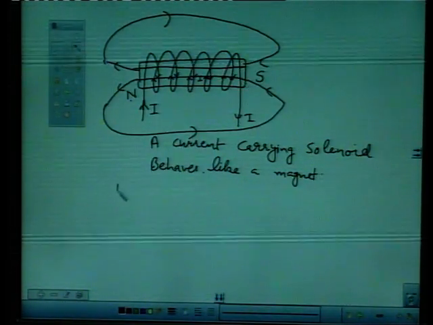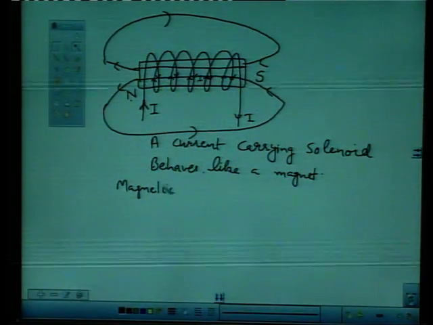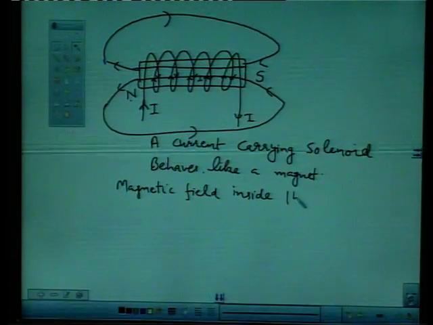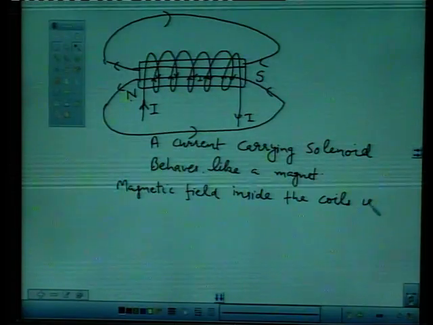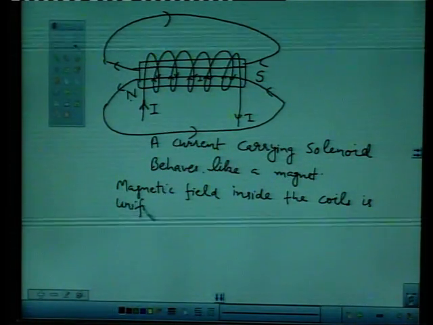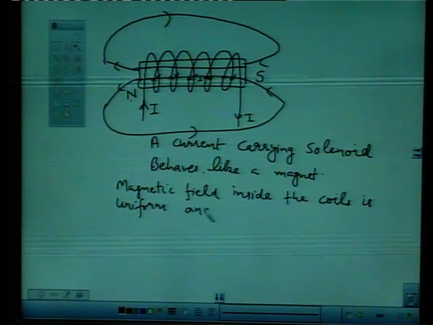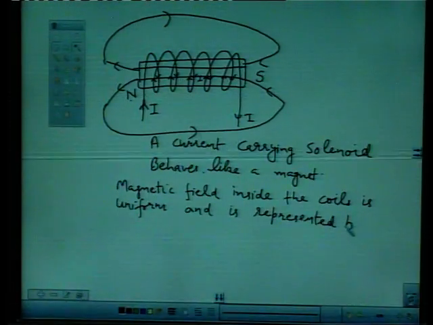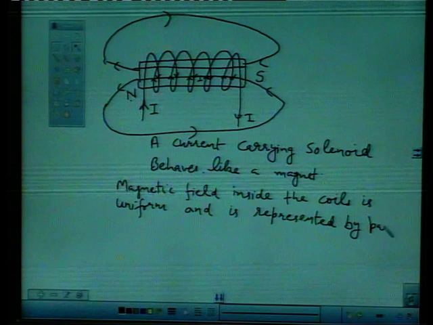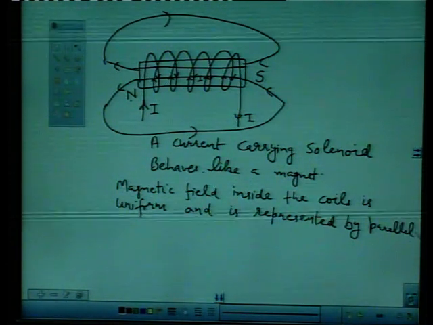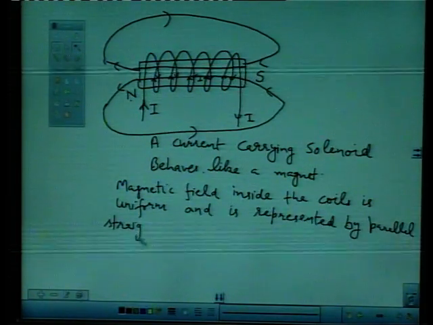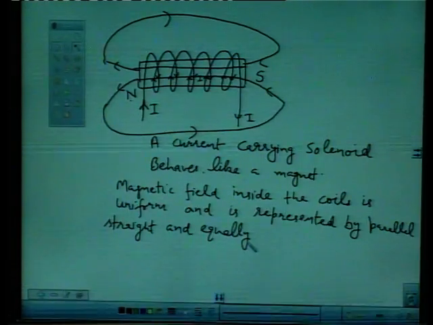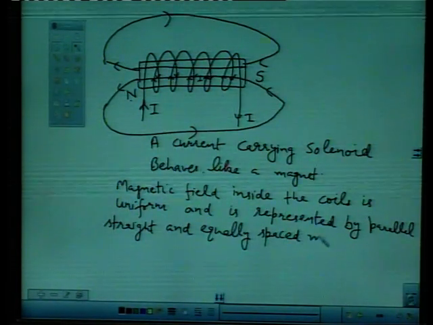Now the magnetic field inside the coils is uniform and is represented by parallel, straight, equally spaced magnetic lines.